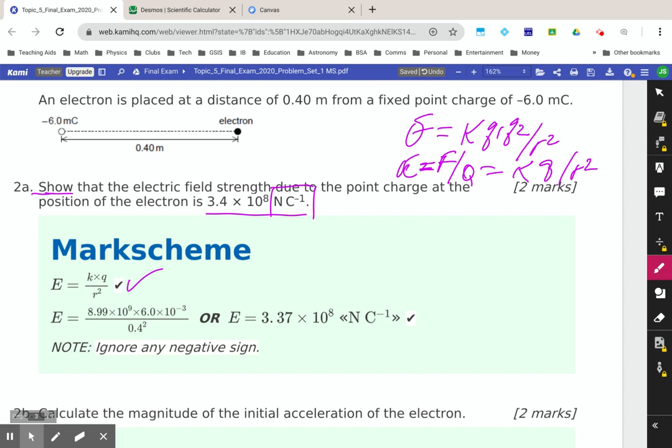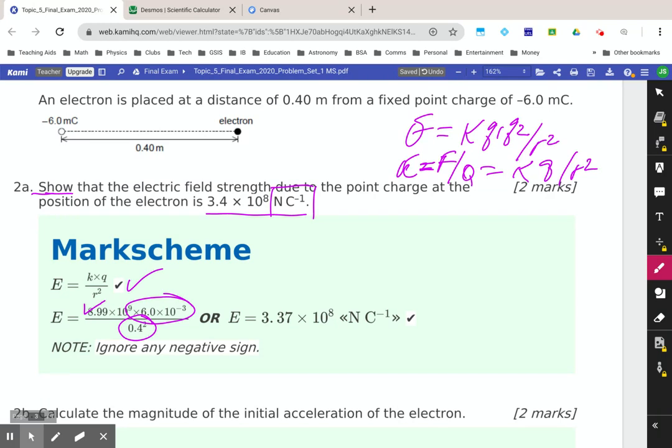So k is given, this constant is in the formula booklet. We have a charge of 6 millicoulombs, which is a huge charge, over the distance squared, 0.4 squared. Let's go ahead and do that.